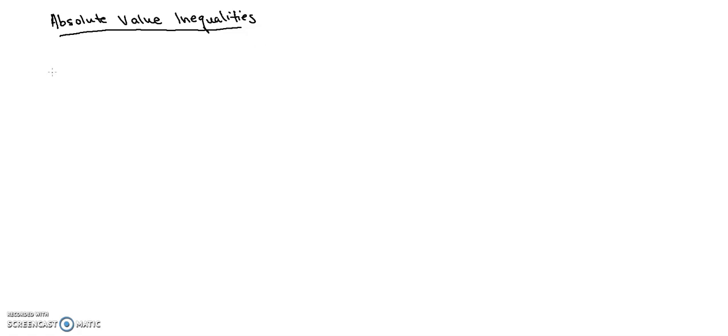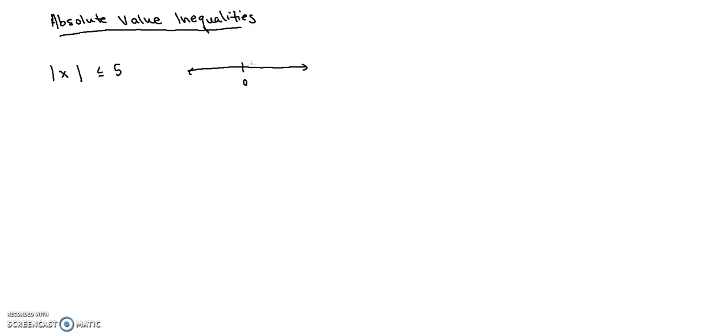Okay, so let's look at a basic absolute value inequality. So we've got something like the absolute value of x is less than or equal to 5. Remember the definition of absolute value is that it's the distance from 0. So if the absolute value of something is less than 5, then it means it's all the numbers that are within 5 of 0.